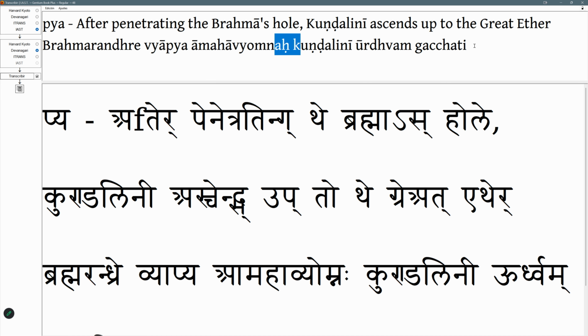Vyoma in front of Ka, no change. Kundalini in front of Urdhvam, change to Ya and join all together. Yes, Kundalini Urdhvam Gachati. Ma in front of Ga is transformed into Anuswara.